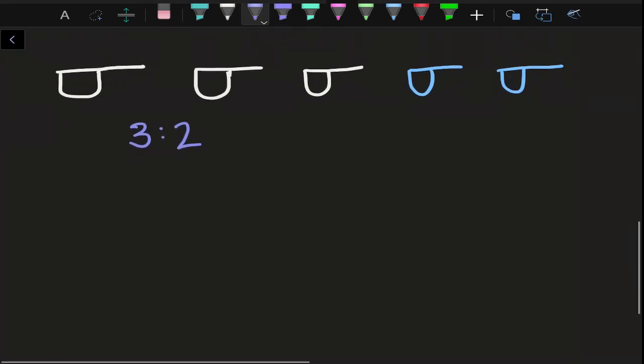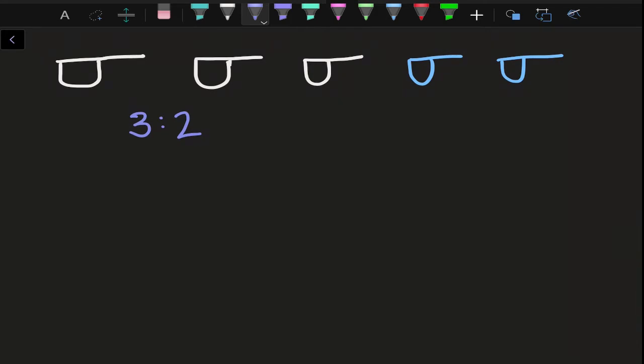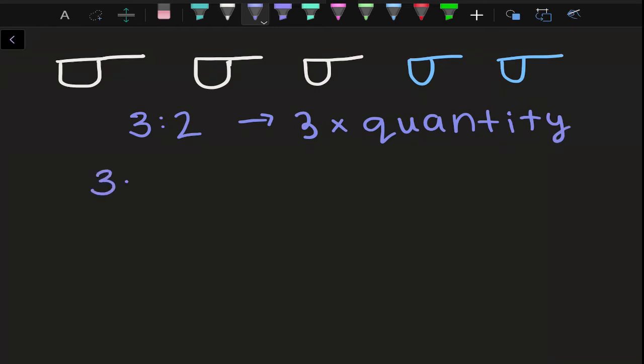But let's say for this recipe there's a ton of people, so we need to have 3 times the quantity of our recipe. We can keep the ratio the same by multiplying both sides by 3 to get a similar ratio of 9 to 6. And here again, the ratio is still the same between these two.